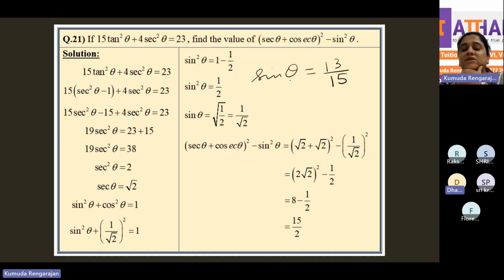Sine theta is equal to 13 by 15: possible, not possible, can't say. Possible, ma'am. Why? How can you justify that it's possible?